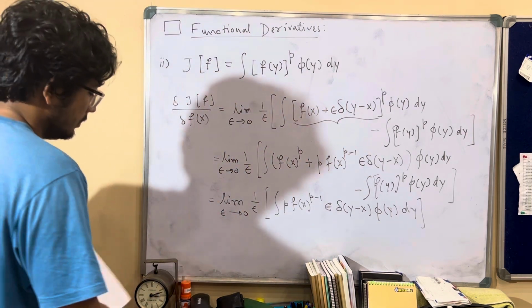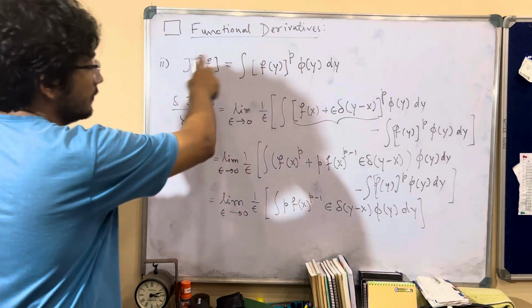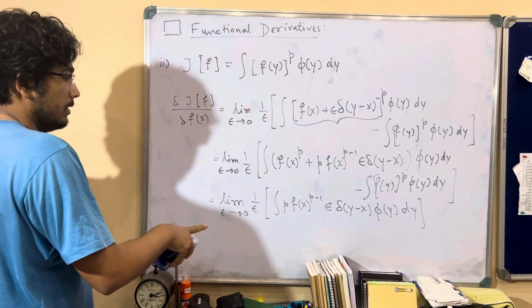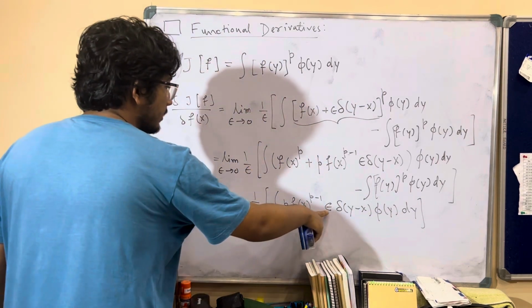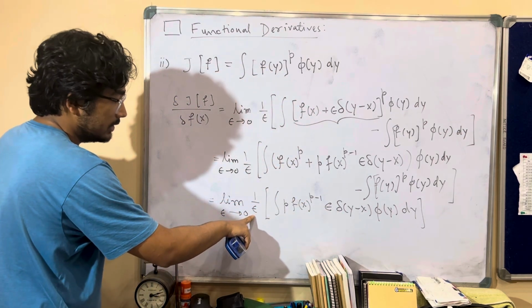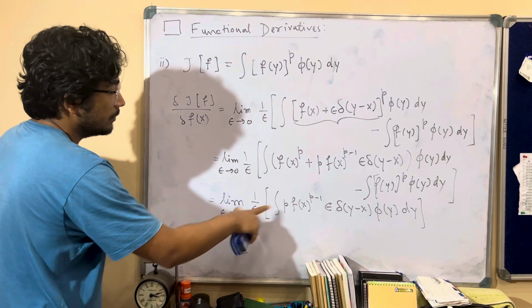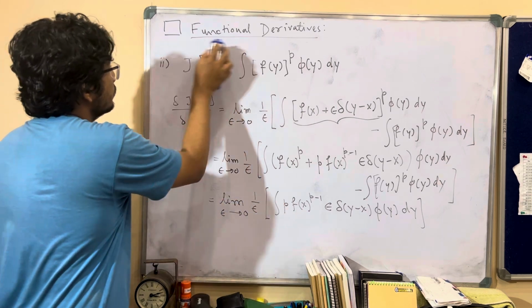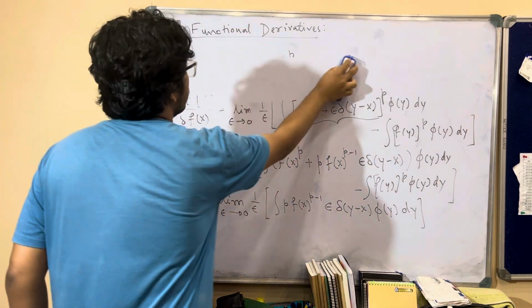So I'm going to erase the first line here. You can clearly see that this epsilon can be taken out of the integral, which will exactly cancel out this 1 over epsilon, and then we will have the answer. So let me just erase this part, the first two lines.